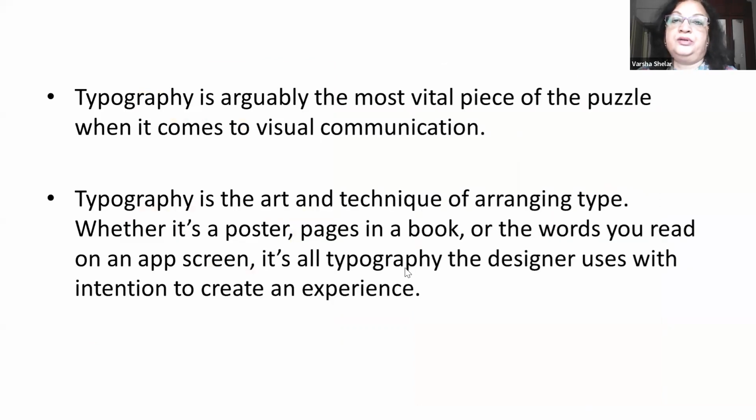All right. So why is typography important? As you go along in your course, your professors will probably tell you that your typography needs to improve. So why is it so important? Because in visual communication, whether you are game designers, visual effects artists, animators, graphic designers, or fashion designers, the written word has become very important.